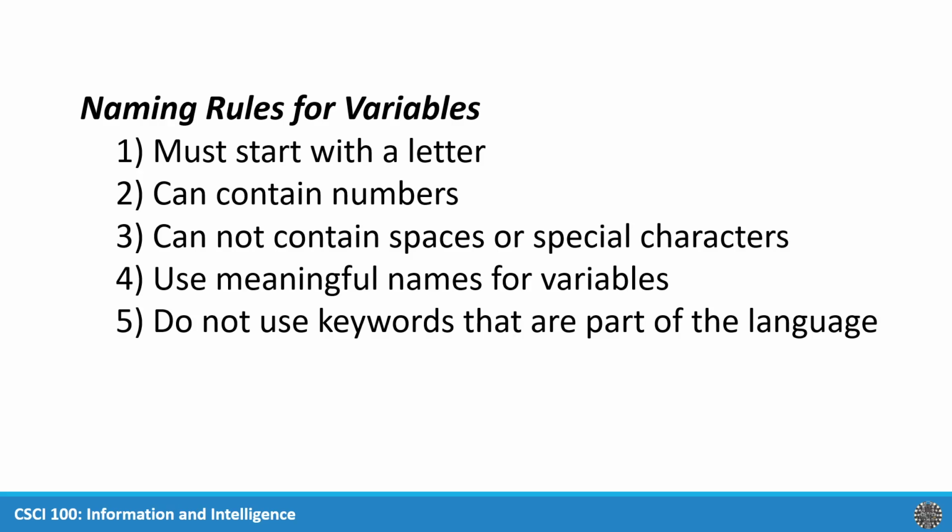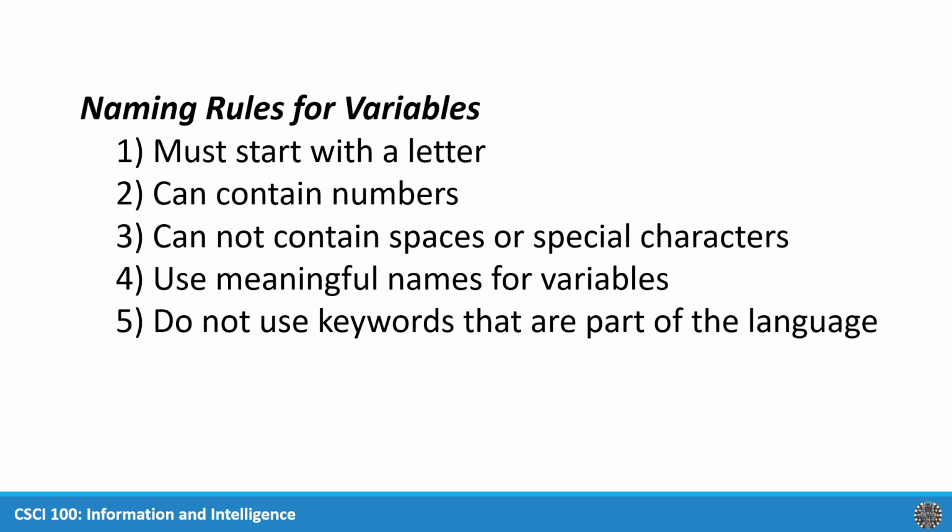I know sometimes it makes it more readable to see spaces between words, especially if you have a sophisticated variable name, but you can't have spaces or special characters. The only one that's allowed is the underscore, and that's what a lot of people use to mimic the idea of a space. Again, you'll get a lot more practice as you start creating variables.